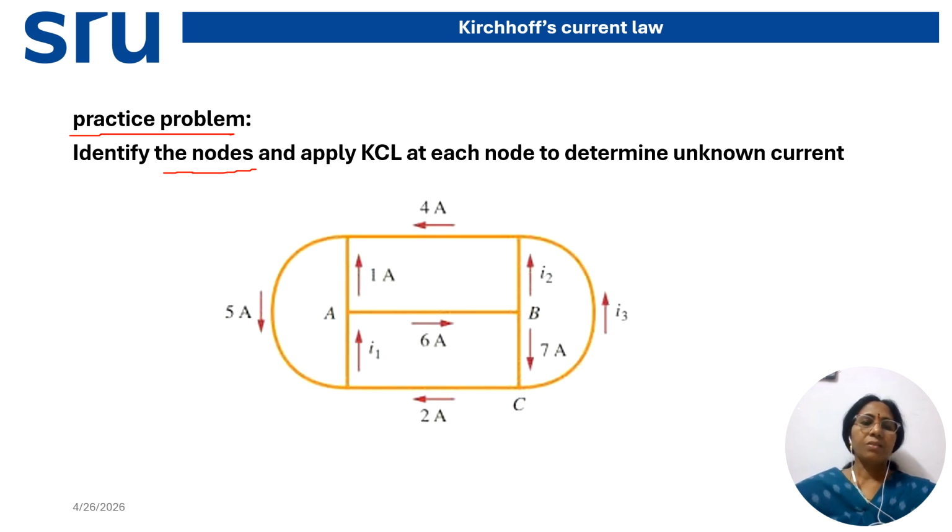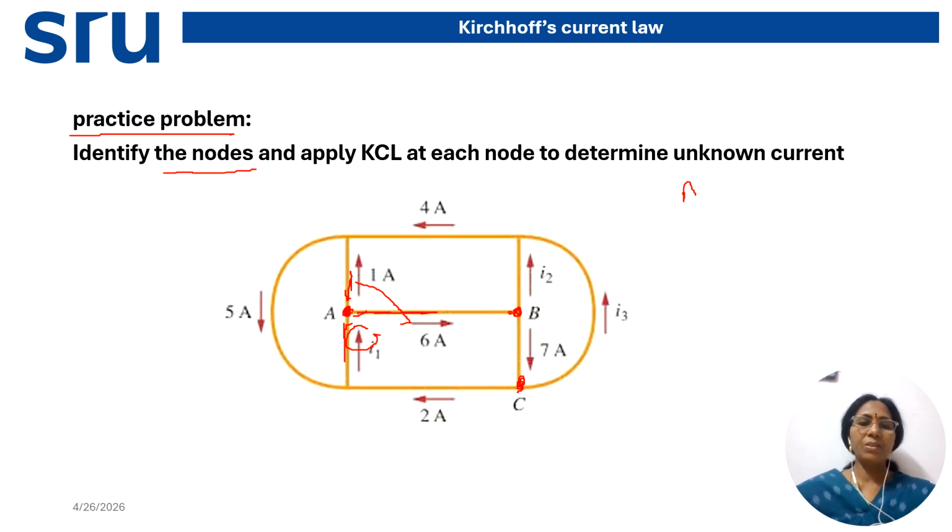Here the nodes are A, this is the node A, and this is the node B, and here it is node C. Is it right? So now at node A, how many branches are connected? 1, 2, 3. Here the current is 1 ampere and here the current is 6 ampere. This current is I1 towards the node. Okay. These two currents are known, but this is unknown. Apply KCL and find out that I1.